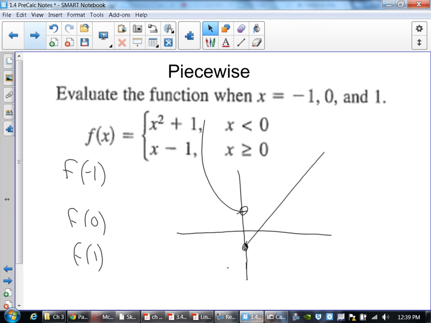All these are telling you is, where does this value fit? Does -1 fit here, or does -1 fit here? -1 fits up top, so what's -1 squared plus 1? 2. 0, does it fit on the top one or the bottom one? The bottom one. So what is 0 minus 1?